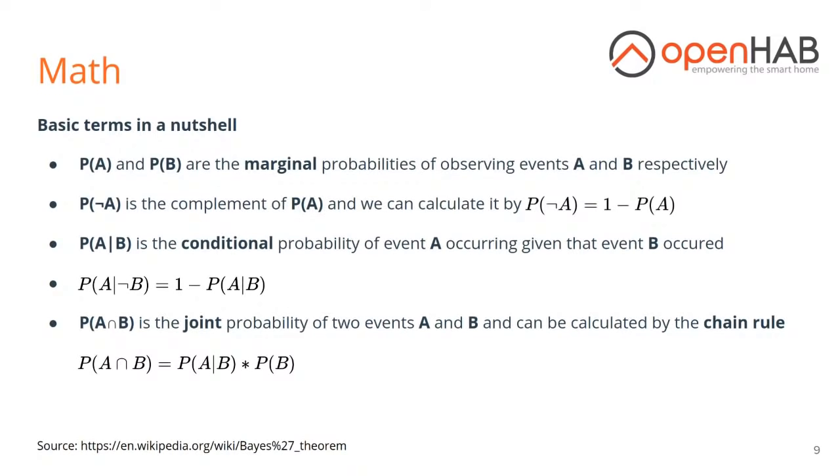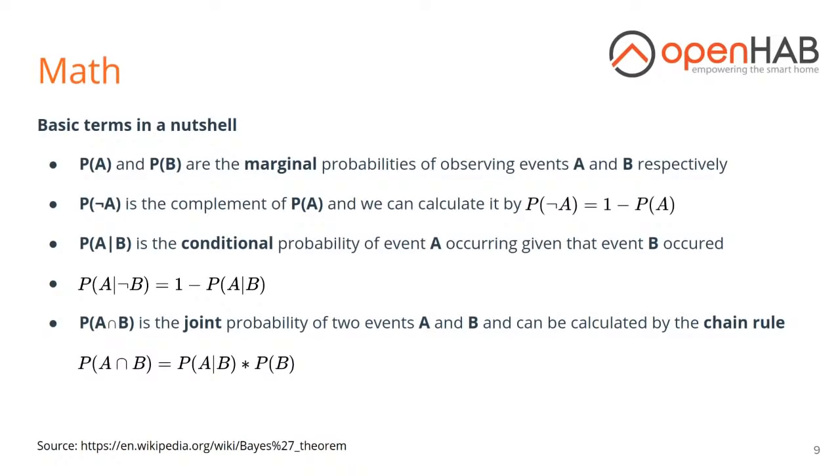The conditional probability of an event occurring is notated by P(A|B), and the meaning is that we have event A occurring given the observation B. And similar to the rule above, we can calculate its complement by 1 minus the probability.